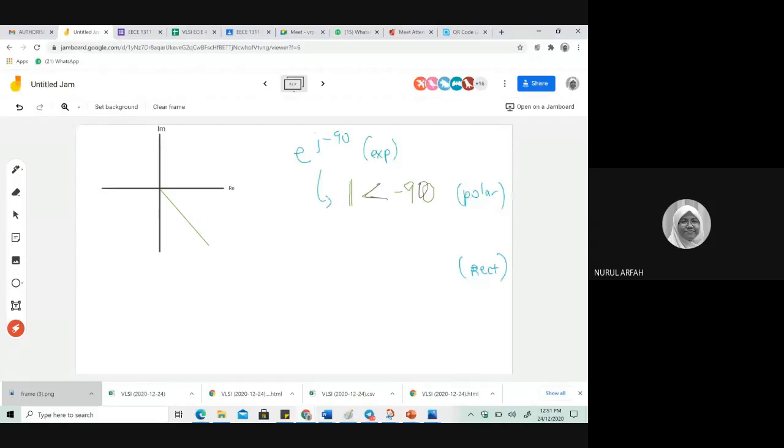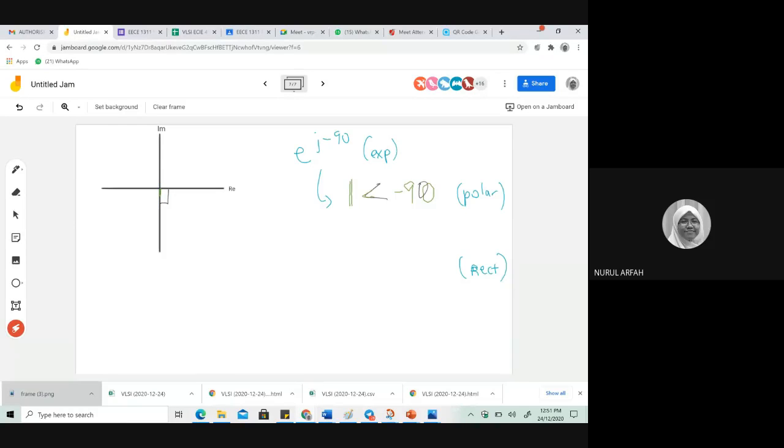Please make sure this is 90 degree. Is this a 90 degree or not? Maybe you can use a different color to draw this form. Okay.